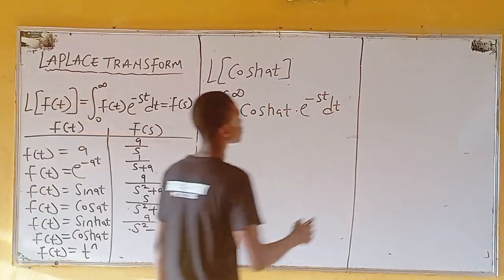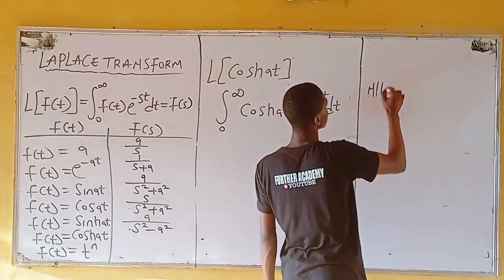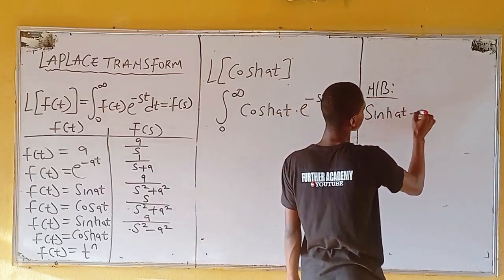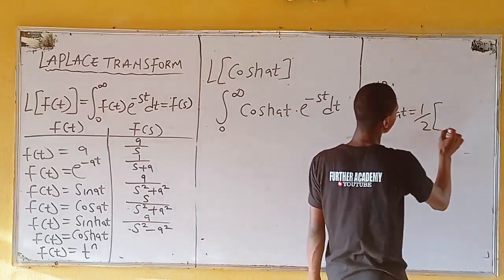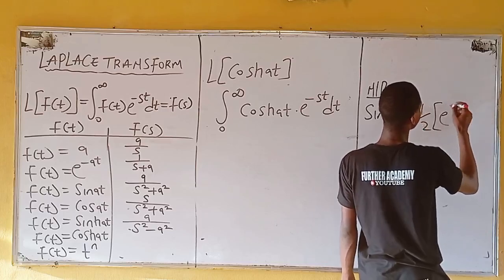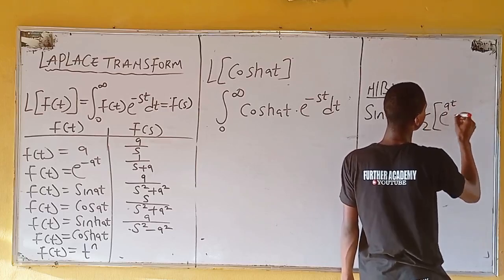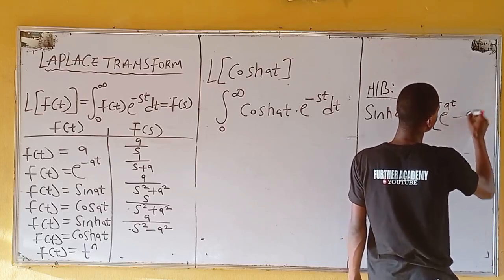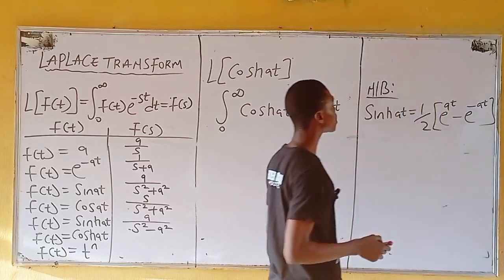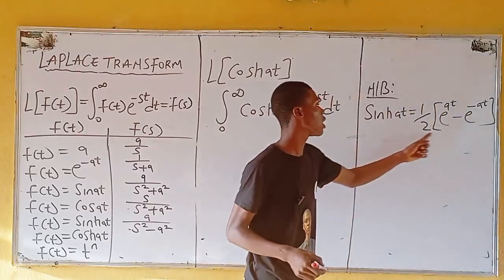All right. Now from here, note, we've seen that sin at is equal to 1 over 2i into bracket e to the power of iat minus e to the power of what? Negative iat.